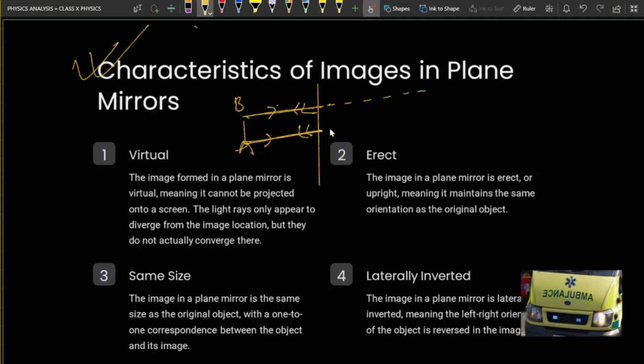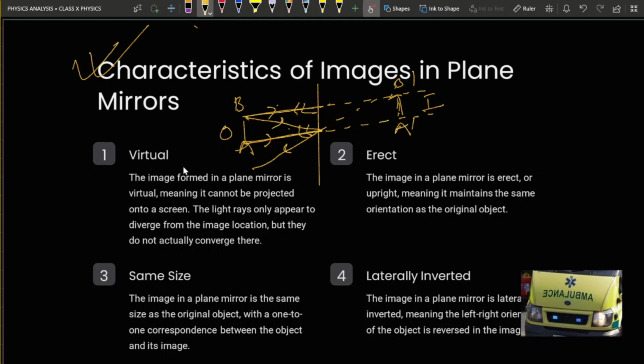When traced back behind the mirror, they do not appear to meet. But when I take any other ray, we see that after reflection these rays appear to meet somewhere, where an image is formed. If this is the object AB, then this is A dash B dash, the height of the image. Look at this image, and what observations are we seeing?